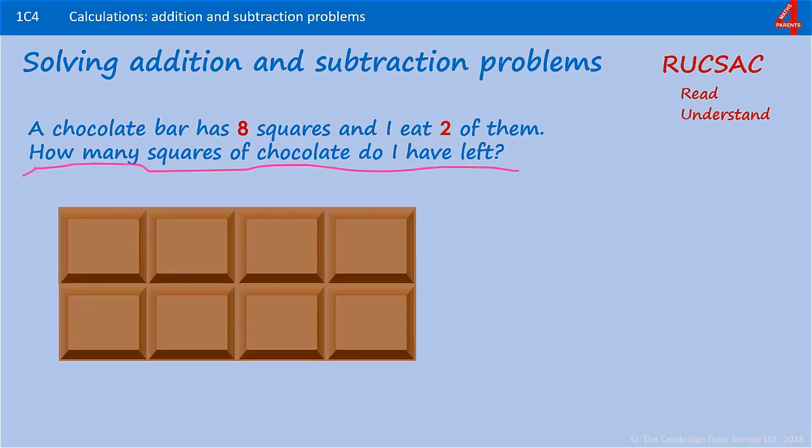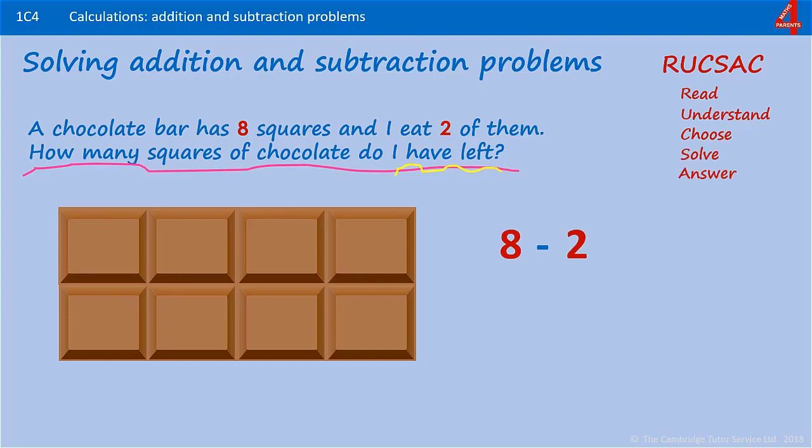And it's asking how many squares of chocolate do I have left after eating 2. So this time, when we choose our calculation, we need to make sure that we're using the clue, which indicates that this is a subtraction. 8 squares of chocolate, I ate 2 of them, so our calculation will be 8 take away 2.